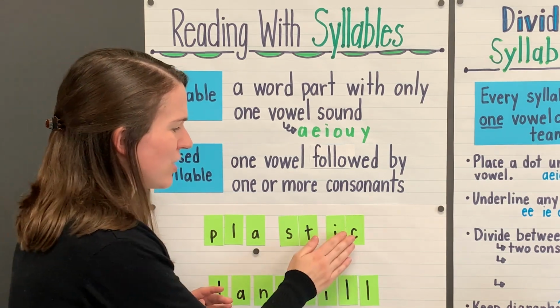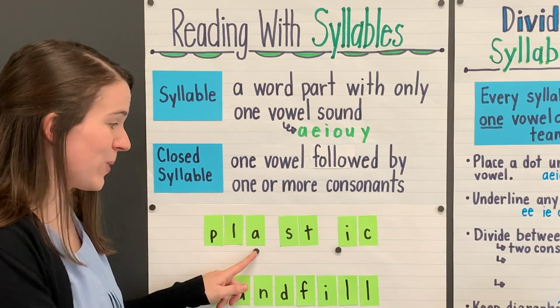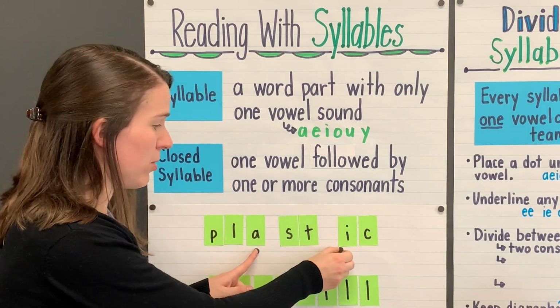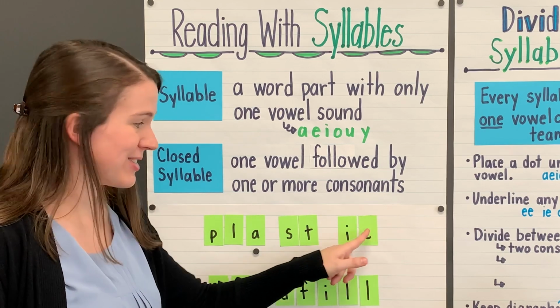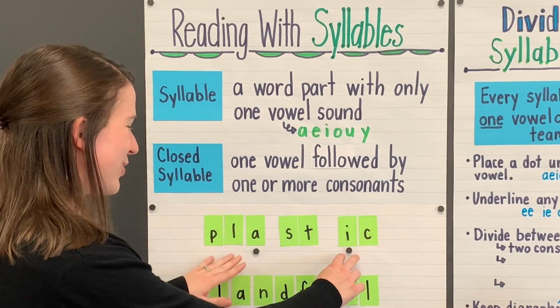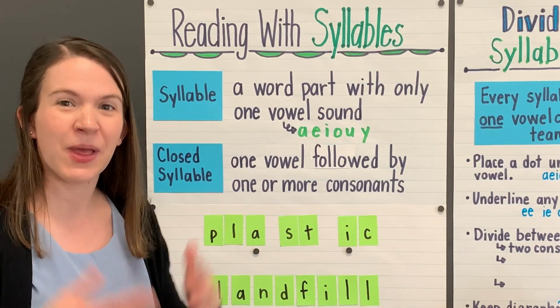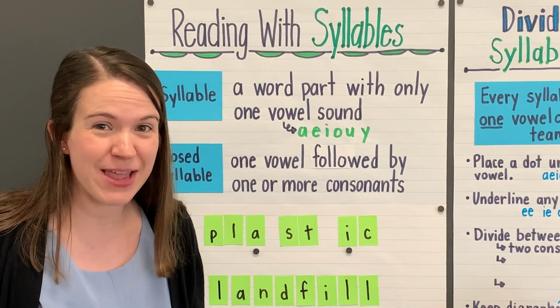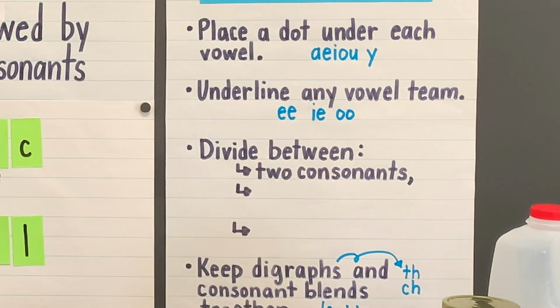Here at the end, I know that the I will be part of the second syllable because we can't have two vowels in the same syllable. And I know that the C has to be in a syllable with the I because it's a consonant. It can't make its own syllable. So we have two syllables and we just have to decide what to do with these consonants. Do you remember our trick for today? Divide between two consonants.